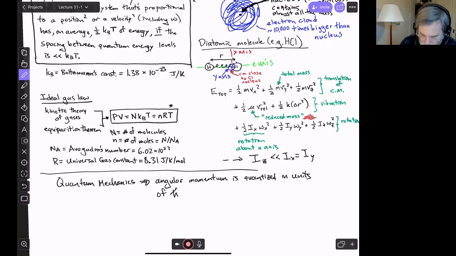You write it as an h with a bar that you draw diagonally through the vertical part of it, where h bar is 1.055 times 10 to the minus 34 joule seconds, and this is called Planck's constant.